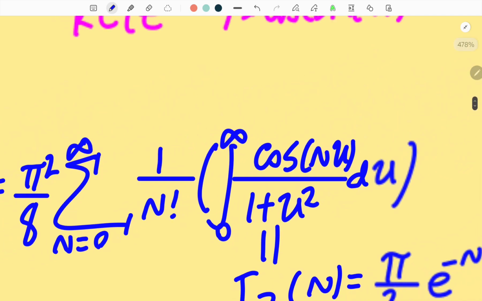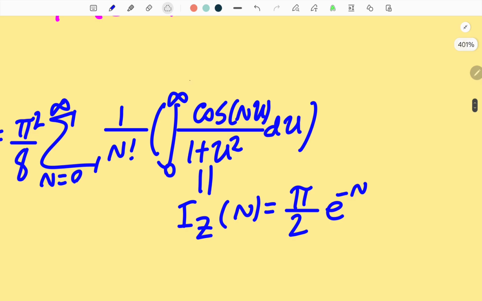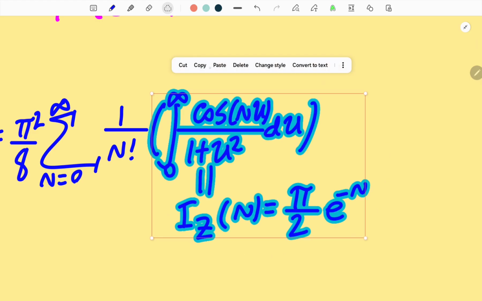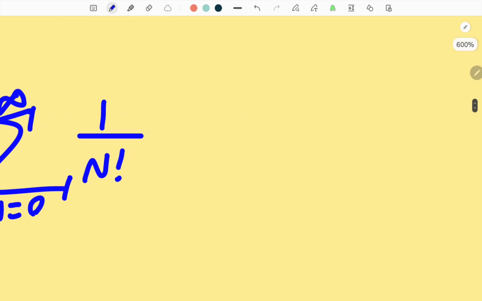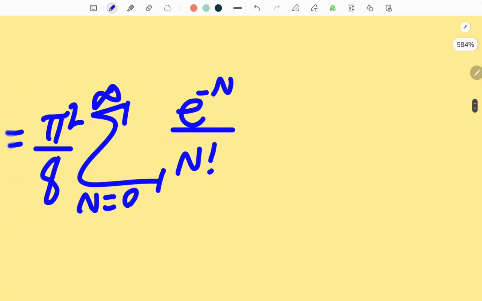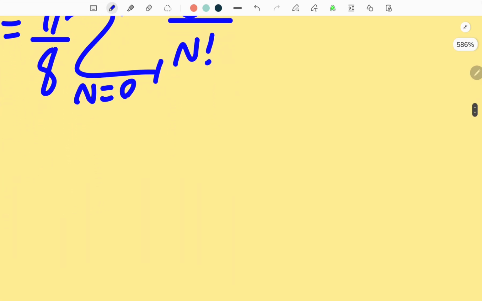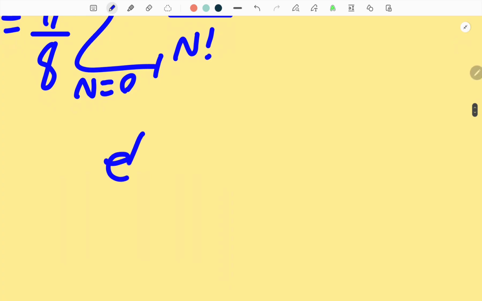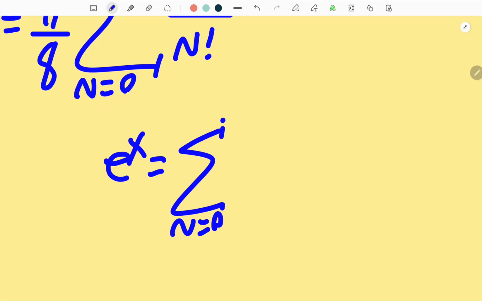There we go. So, let's go ahead and replace this integral with e, or let's just put this up here, e to the negative n. But if we recall the sum for e to the x, so e to the x equals the sum, n equals 0 to infinity of x to the n over n factorial.